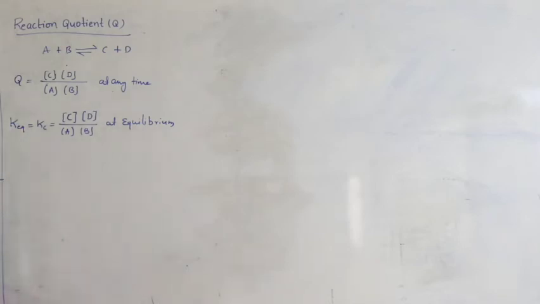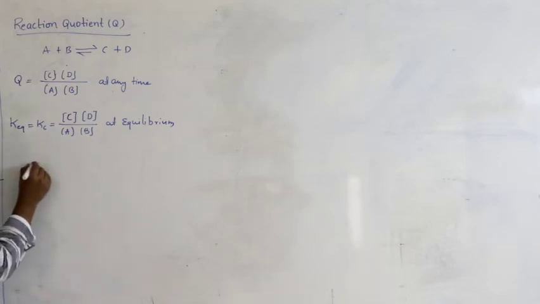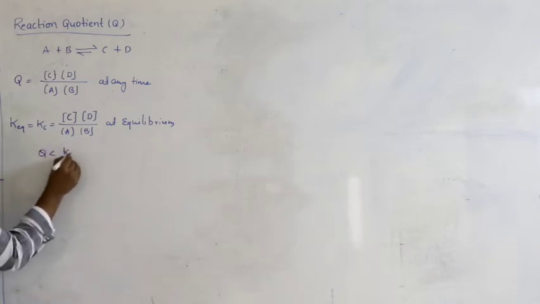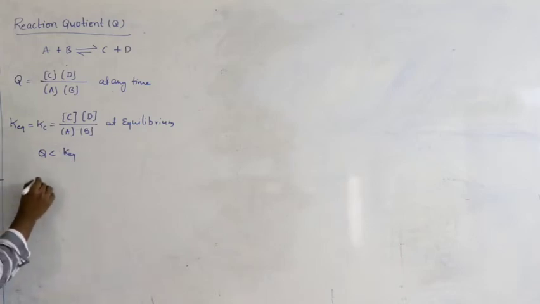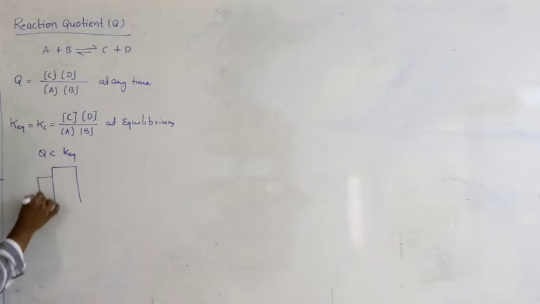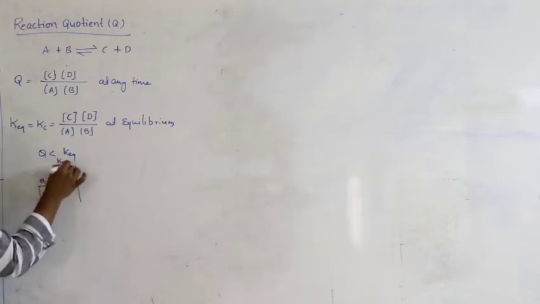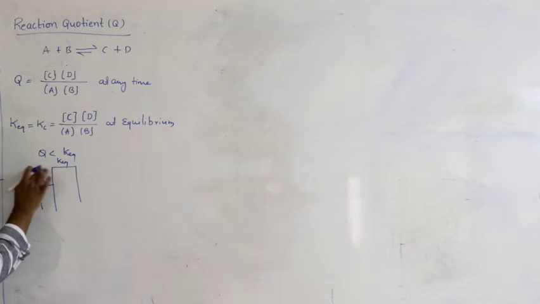So what information can we gather? Suppose Q is less than the equilibrium constant for a reaction. So this is Q, this is the equilibrium constant. This is the Q value at time t, and this is at equilibrium.